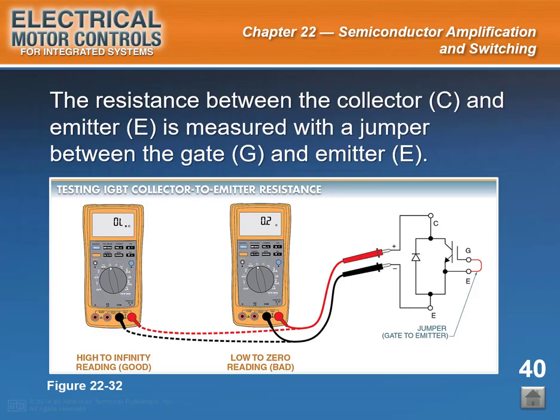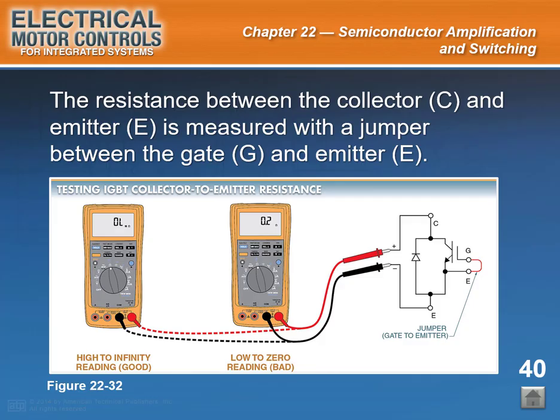Slide caption: the resistance between the collector, C, and emitter, E, is measured with a jumper between the gate, G, and emitter, E. See figure 22-32. The collector should be connected to the positive, red, test lead and the emitter to the negative, black, test lead. The DMM resistance reading should range from several megohms to infinity.